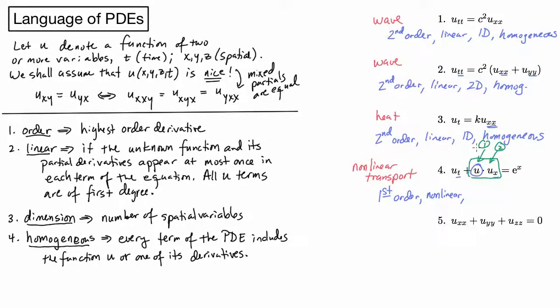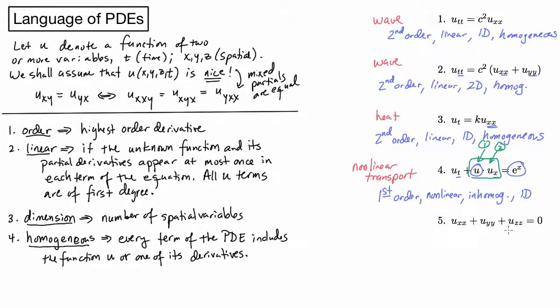So it is indeed nonlinear. This term has no u, and because that term has no u, if you look at our definition of homogeneous, that would make this an inhomogeneous equation. And then finally, the one that we left out here is the dimension. You can see that the x variable is the only spatial variable here, so this is a one-dimensional equation.